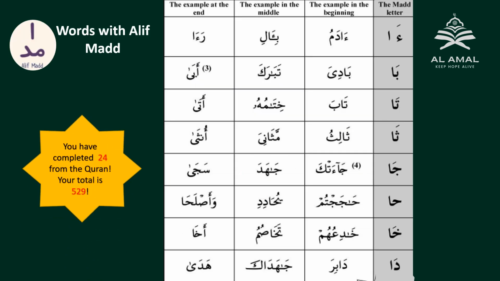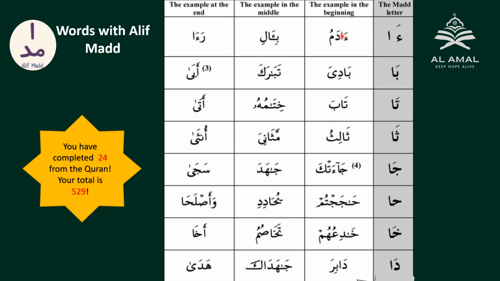So let's look at all the letters in Arabic together with the mad alif. As you can see, this is like Hamza and Alif. I just put Hamza, I didn't put Alif together, just to make a differentiation for you to know that this will sound different from Hamza and Alif.